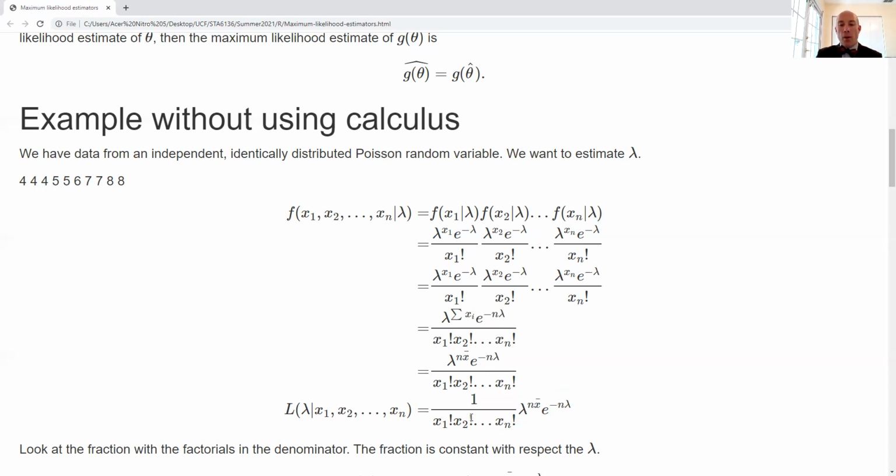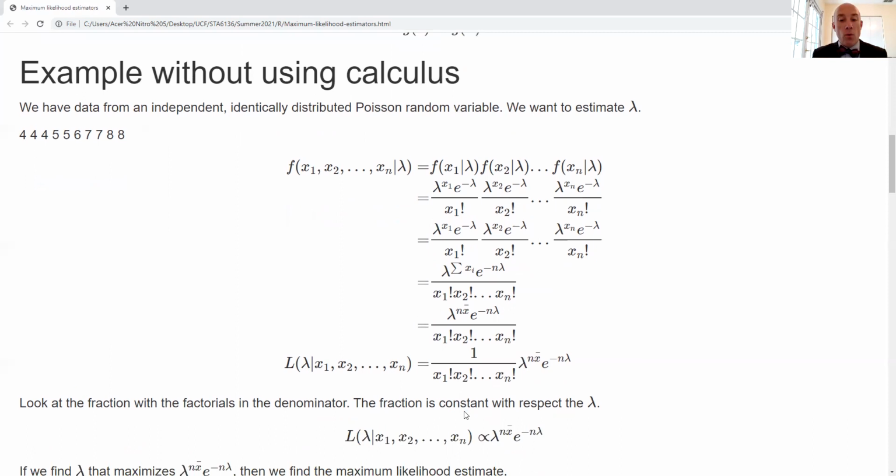So I have something that does not have anything to do with lambda, and I have a lambda part. This part right here, in terms of lambda, is a constant. So I honestly don't even need to pay attention to this. If I maximize just the part that's highlighted, the part that involves the lambda, I also maximize L at the same time.